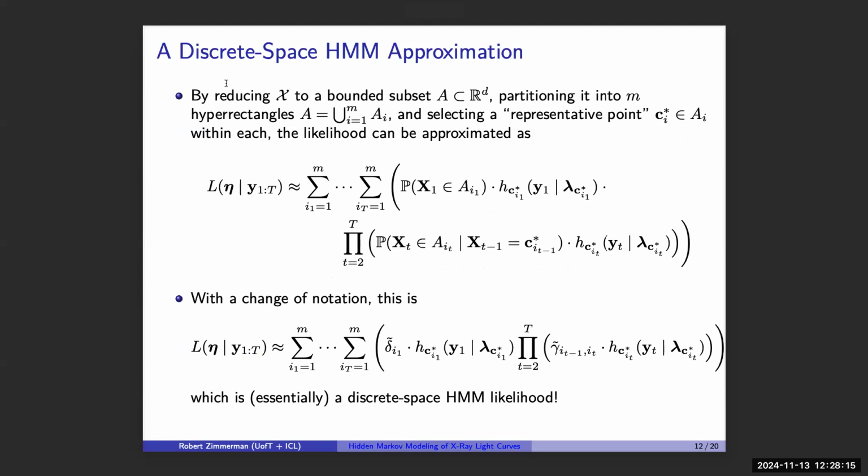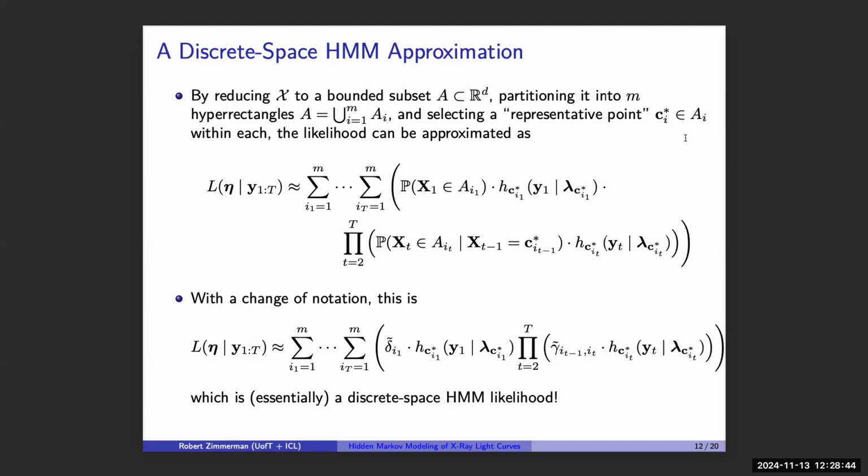Normally x is R or R^2 or something, so that's an infinite, unbounded state space. But if we can reduce it to a bounded subset of R^d, large but still bounded, then we partition that subset into a bunch of hyperrectangles, say a union from i equals 1 to m of A_i. And within each component of that union, we choose a point inside it, let's say the center, just for convenience.